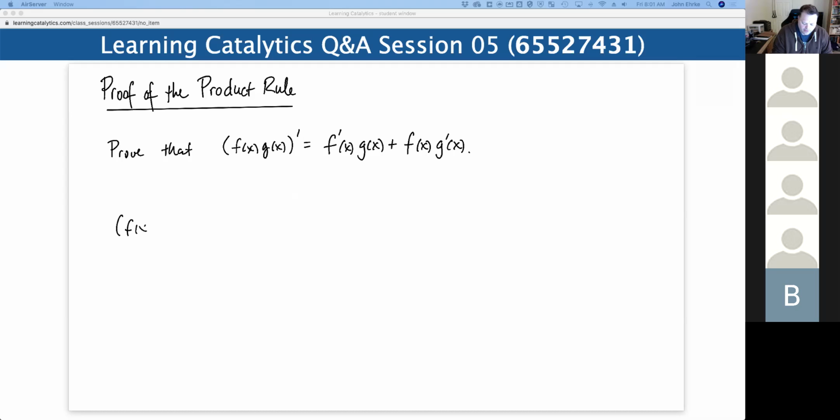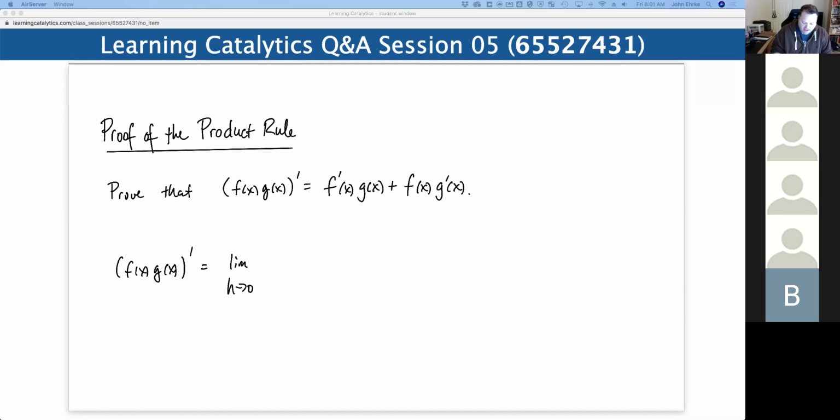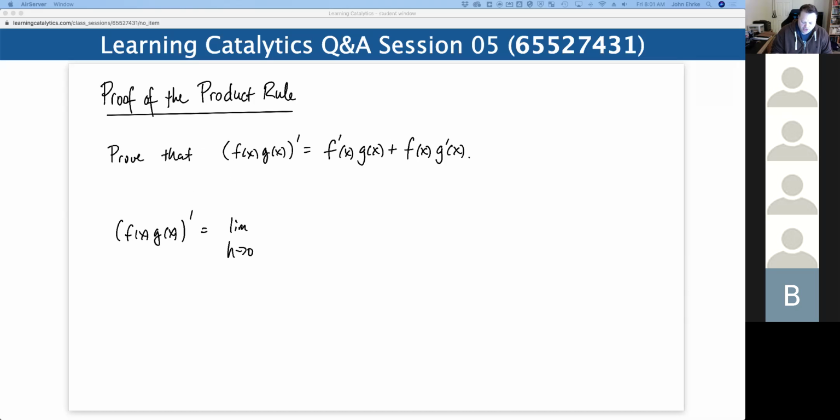According to the limit definition of a derivative, if I try to take the derivative of f times g, this would be the limit as h goes to 0 of, remember, it's the function evaluated at x plus h. So this would be f of x plus h, g of x plus h, minus f of x, g of x, all over h.